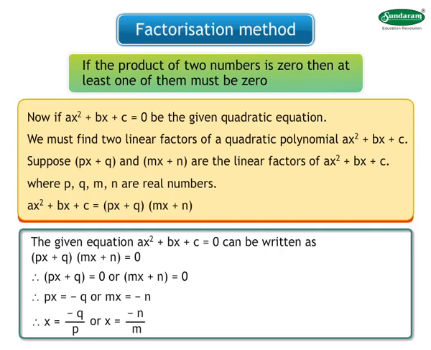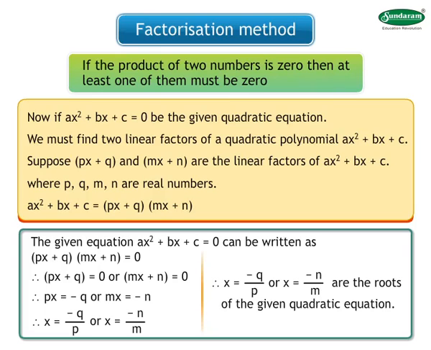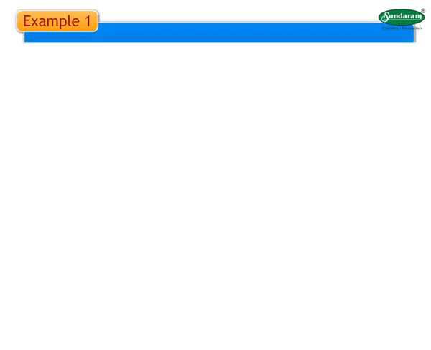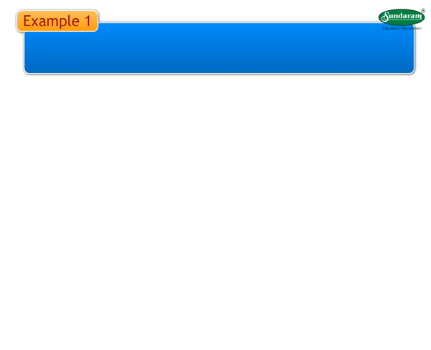Therefore, x is equal to minus q upon p or x is equal to minus n upon m are the roots of the given quadratic equation. Let us look at the examples.